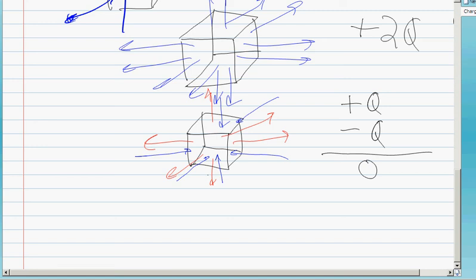So let's do a quick summary of field lines in a closed surface.